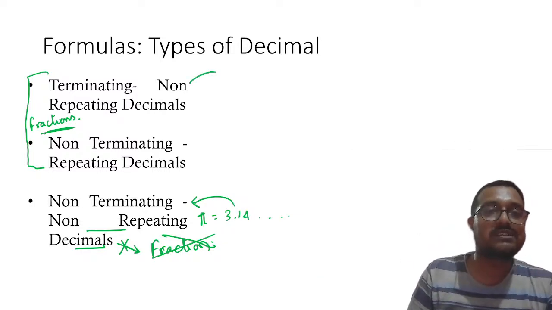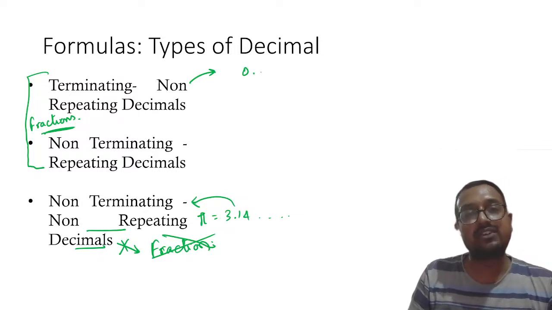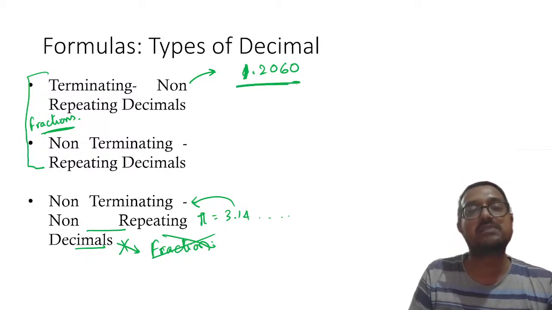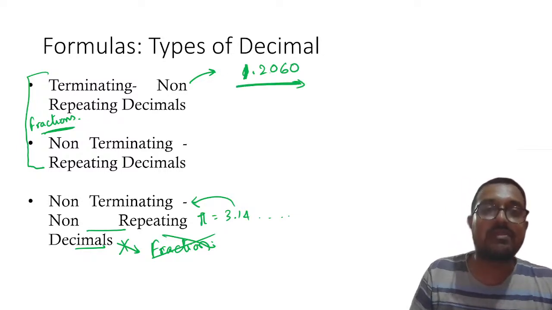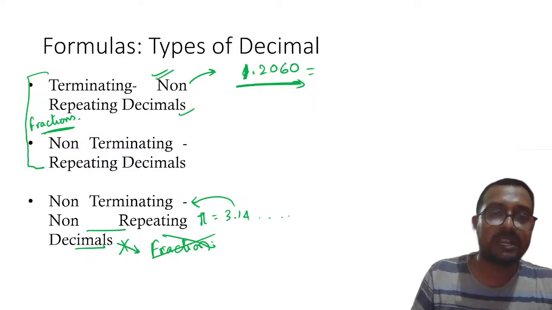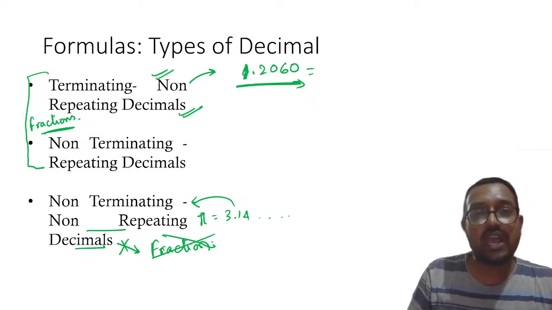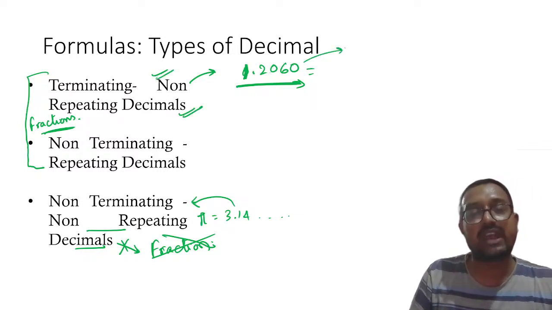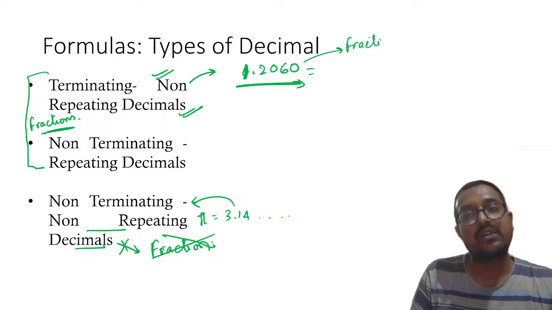Now my dear students, for example, I have 1.2060. Suppose this is my number. This is a terminating decimal, right? So I have to convert it into a fraction.